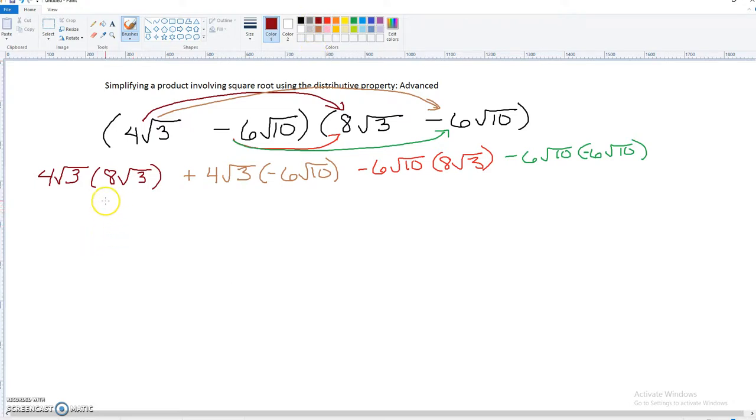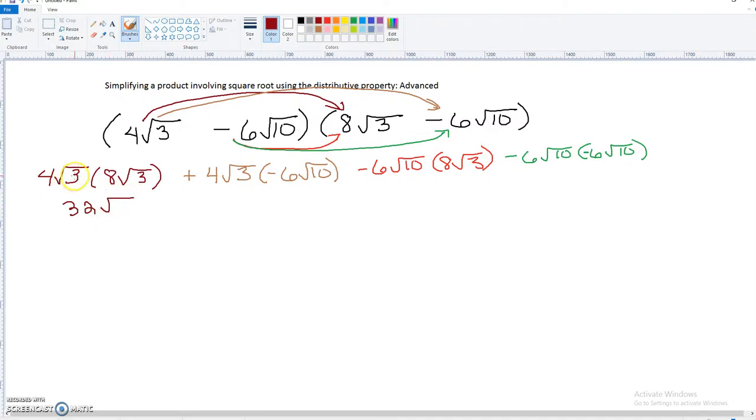Okay, so I've rewritten them so that we can see what we're doing. It's a little bit easier this way, I think, so you don't lose anything in the process. With the numbers in front of your radicals, remember from the previous topic, you are actually multiplying them together. So 8 times 4 is 32.